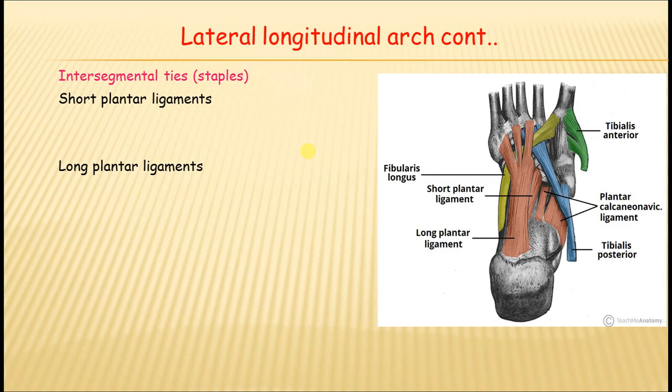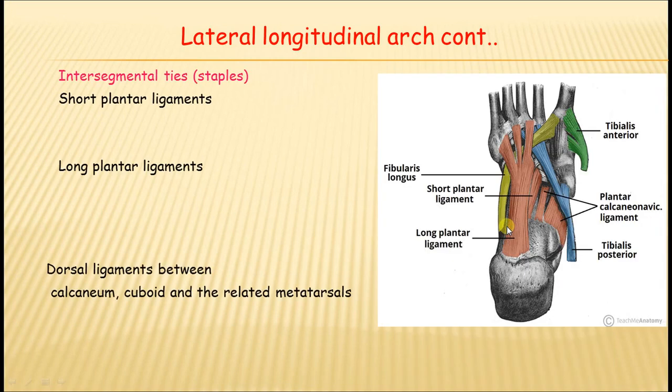Then it is mainly maintained by the short and long plantar ligaments. So you are able to see the lateral arch by the short and long plantar ligaments which is responsible for maintaining the arch, and some dorsal ligaments between the calcaneum, cuboid and the related metatarsals. So they all form the intersegmental ties for the lateral longitudinal arch.